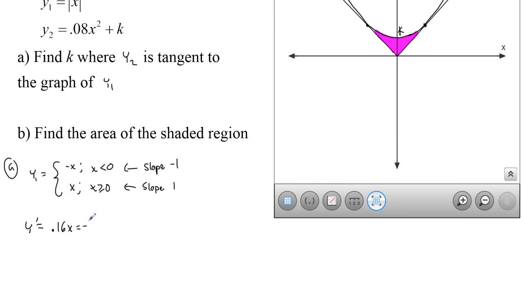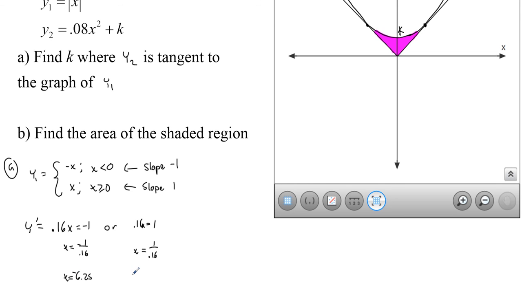If I set 0.16x equal to 1, I'll get x equal to 1 over 0.16, and when I do that division, I'll get x equals 6.25, I think.